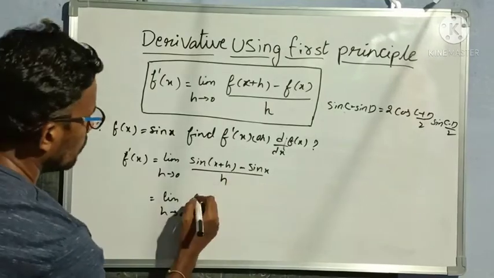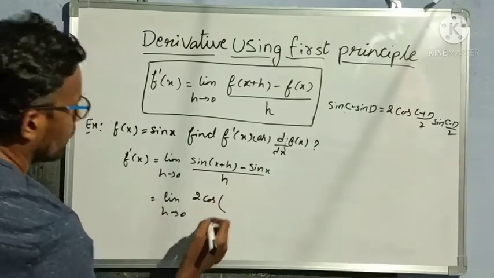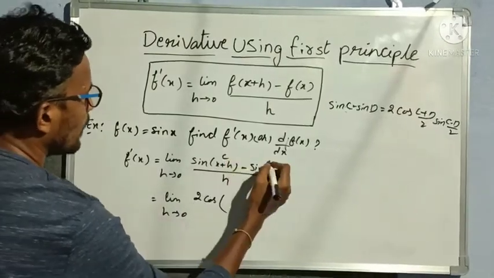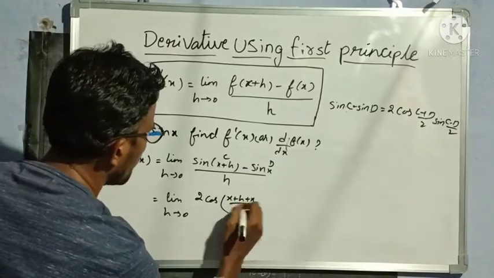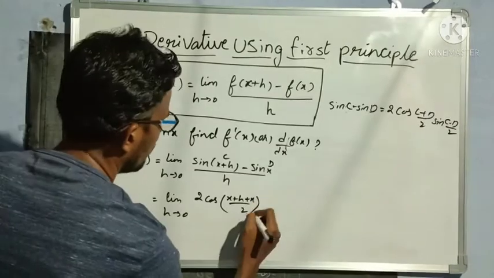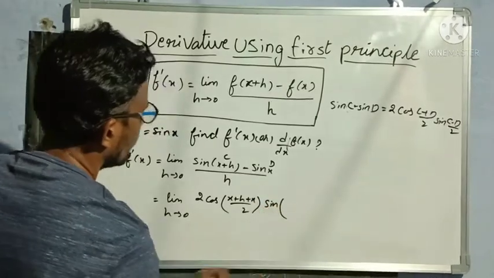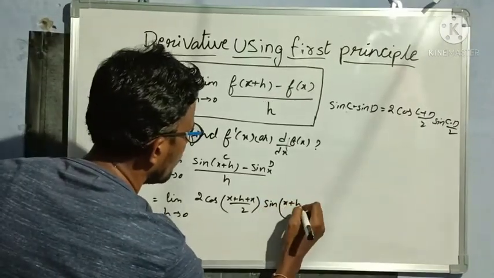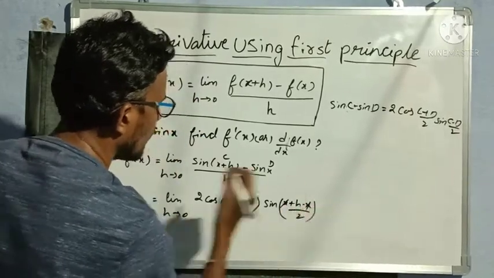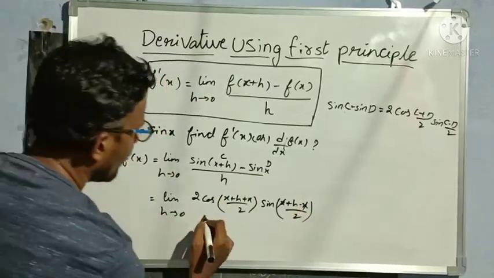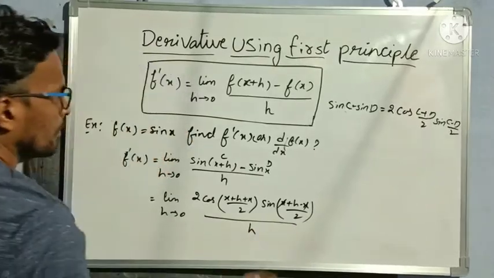So 2 cos of, in the place of c, x plus h is there, in the place of d, x is there. So x plus x by 2 into sin of x plus h minus x by 2. So here plus x minus x gets cancelled. Whole divided by h. Okay.